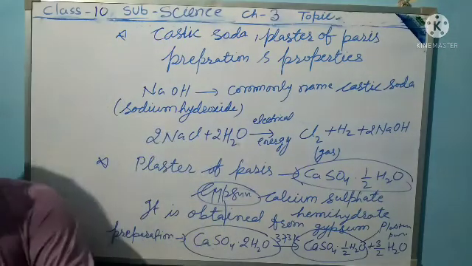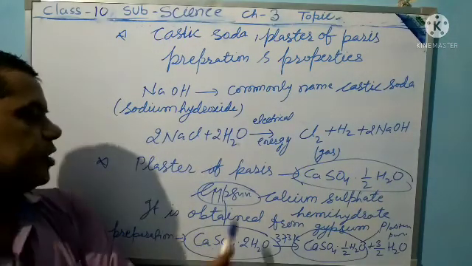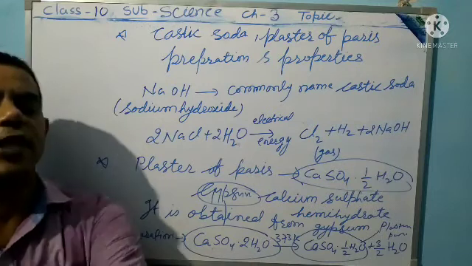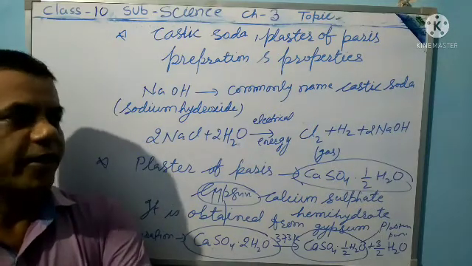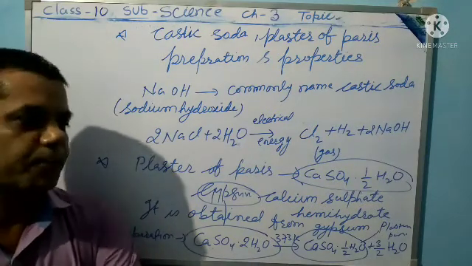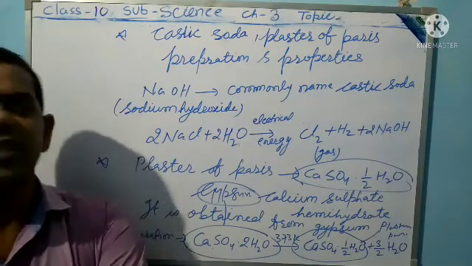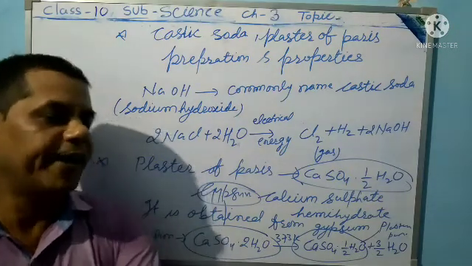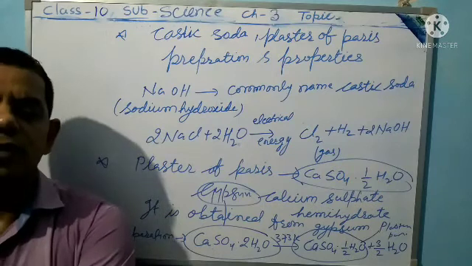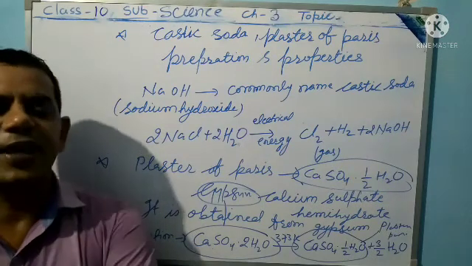This setting process is exothermic. Exothermic process means heat goes outside, endothermic process means heat goes inside. It is used for plastering fractured bones.